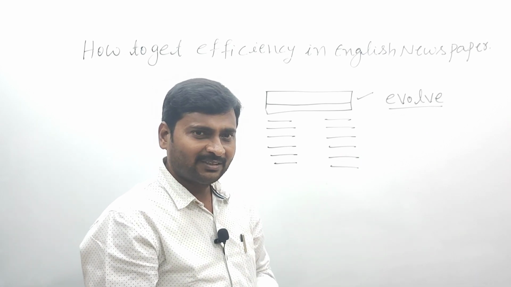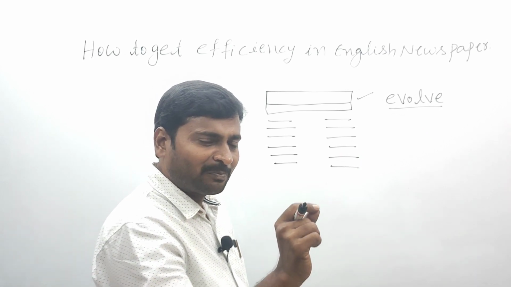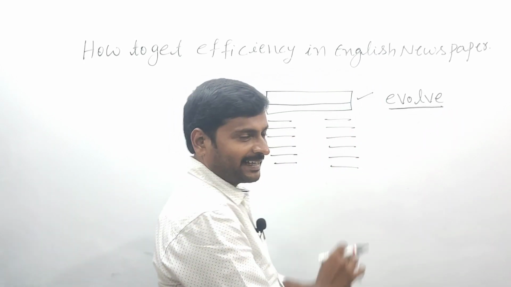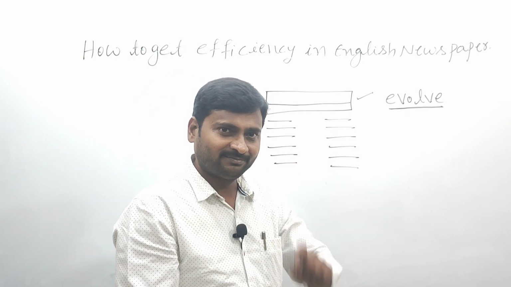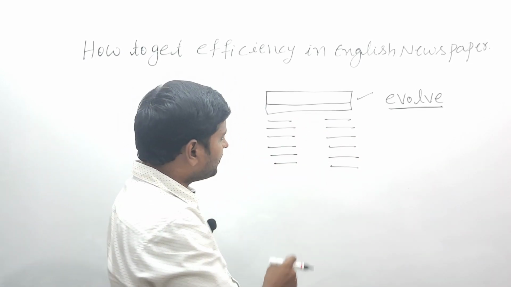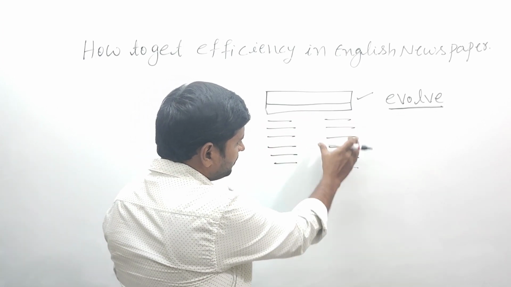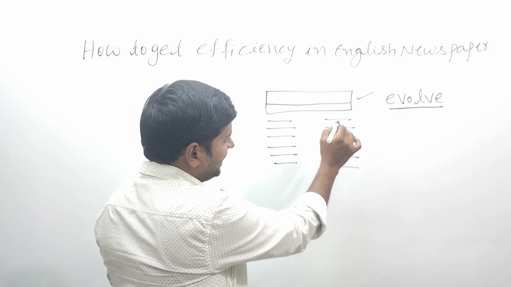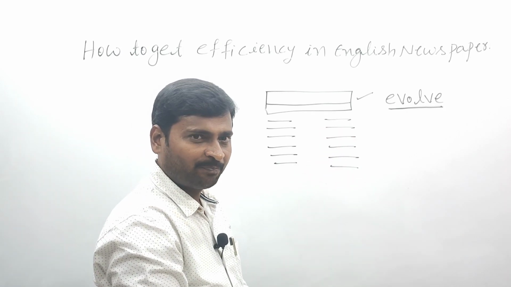Then what do you do? You simply underline it with a pen or pencil, just like this. You get one word in the heading. After completing the heading, you come back to these lines: first, second, third, fourth, fifth, sixth, seventh, eighth, ninth, tenth, like that.